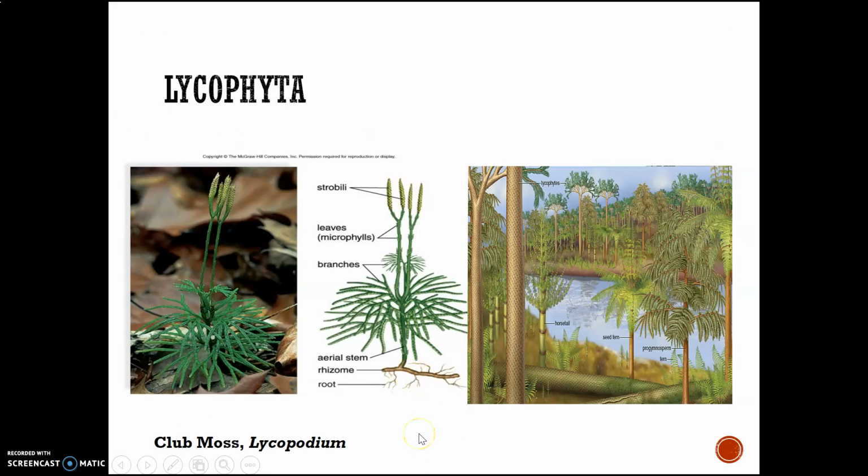And then last in this group is Lycophyta. These are represented now only by these club mosses. They're relatively small. There are some that get a little bit larger and are sometimes referred to as pines, but they are actually club mosses.